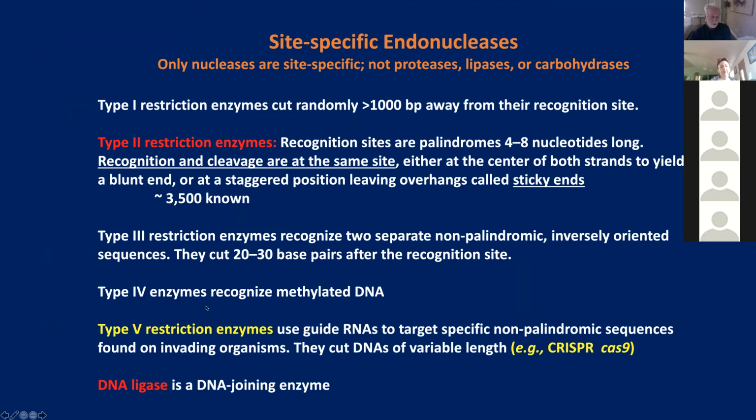There are 5 different types of site-specific endonucleases. We're only interested in one type, type 2. And that's because they recognize and cut at the same site.